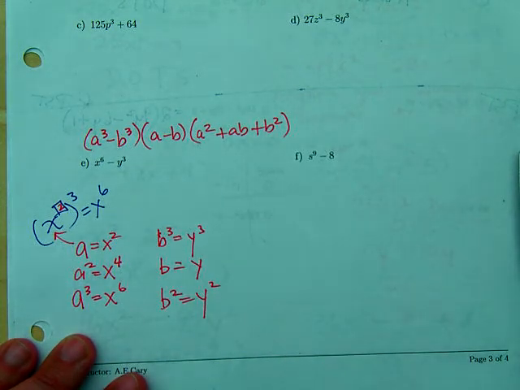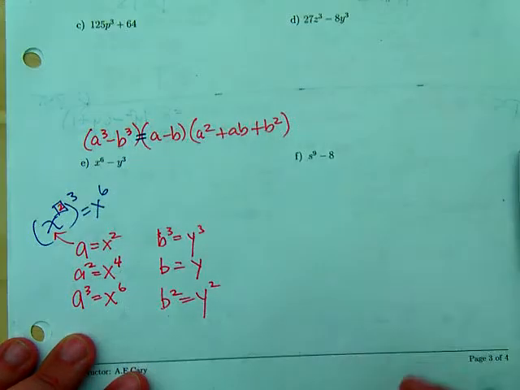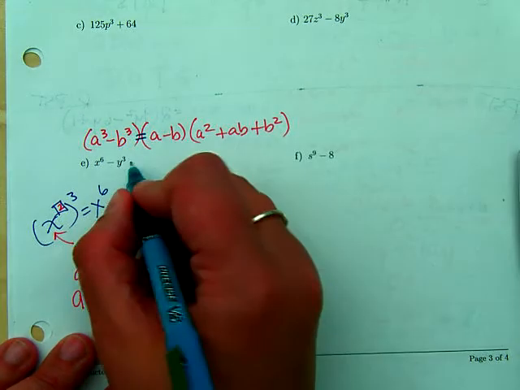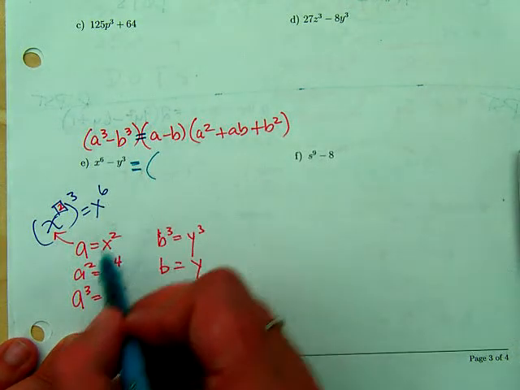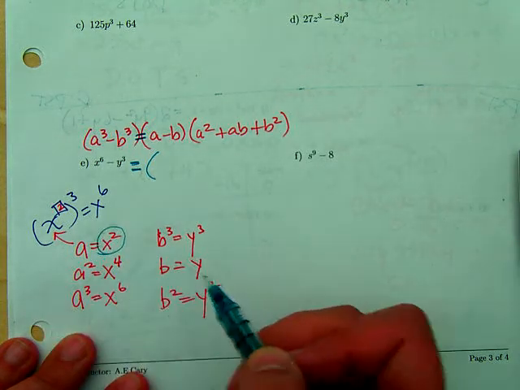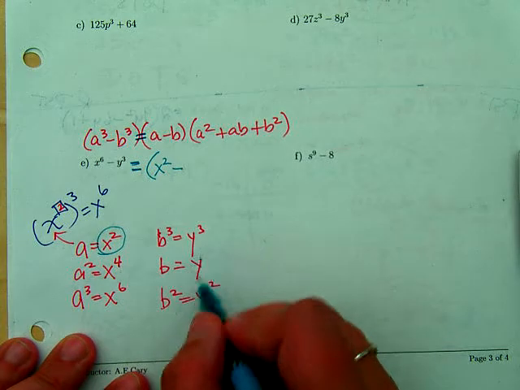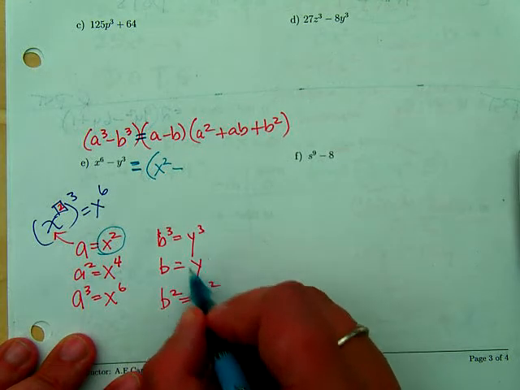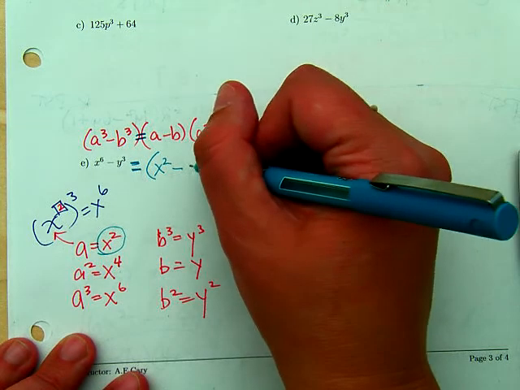Okay, so now we're going to use the formula. Sorry, there's an equal sign here. My bad. So anywhere I see an A, I'm going to plug in an x squared. So I have x squared minus B. B is y. I'm sorry, I put those in a different order, I realize. That's confusing.